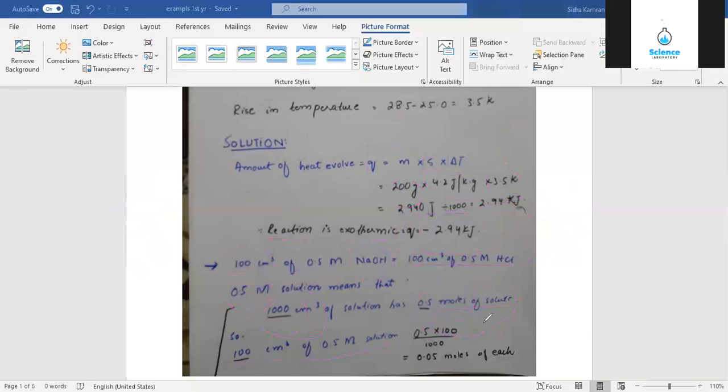Apply the relation: 1000 centimeter cube of solution has 0.5 moles of solute. 100 centimeter cube of solution has how much? Multiply 0.5 and 100 and divide by 1000. It will be equal to 0.05 moles of each.